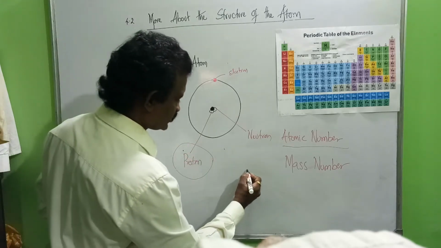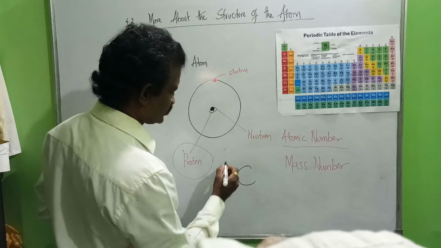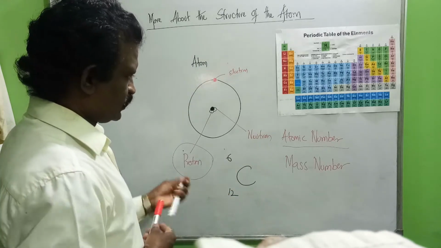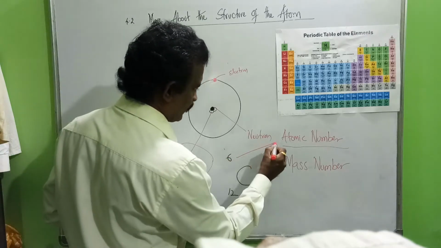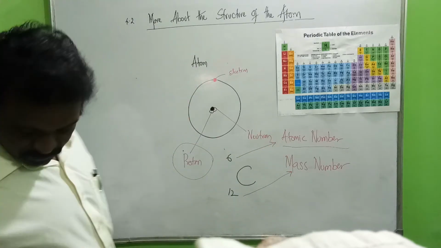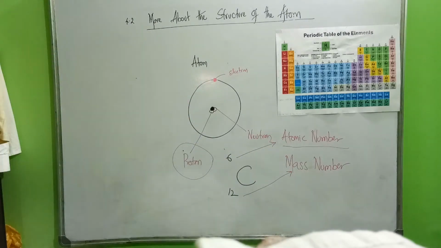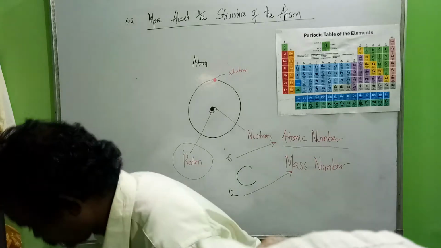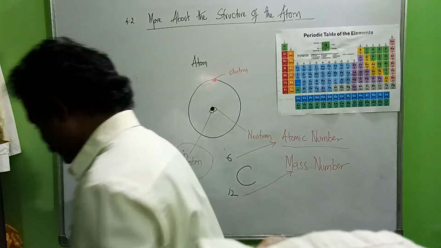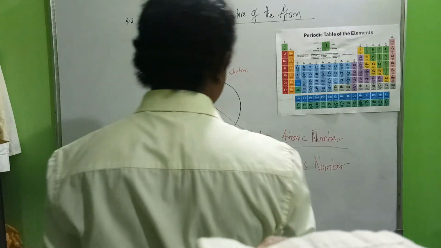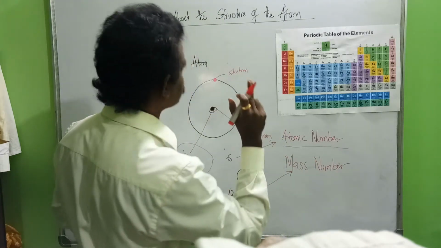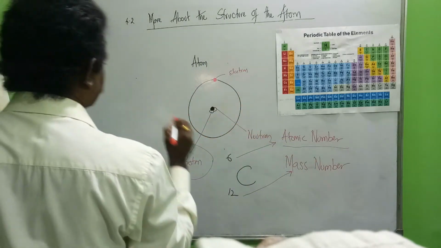Now, if you can see here, I'll give carbon 6, 12. What is 6? Atomic number. What is 12? Mass number. Is it clear? Now, if you ask me a question, sir, can you tell me how many electrons, how many protons, how many neutrons are there in a carbon atom?